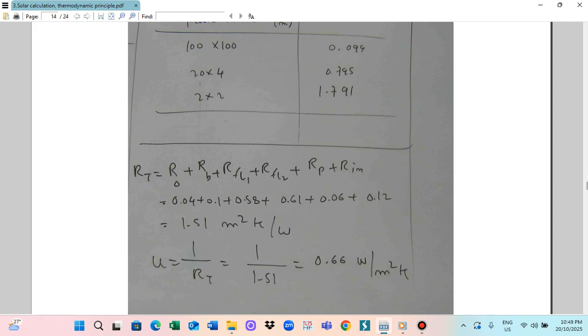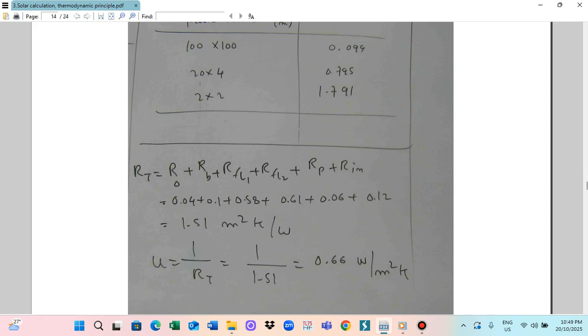The brick thickness is 110 millimeter, so 110 into 10 to the power minus 3, divided by K. K brick is already given as 1.15. Then you calculate, so R brick is 0.1 meter square Kelvin per watt. So this is what we call the R brick.